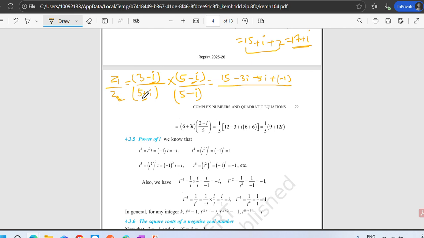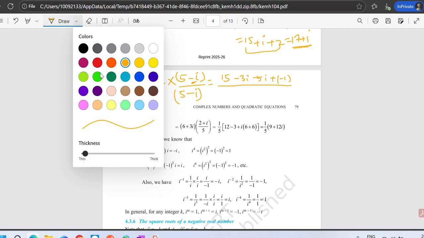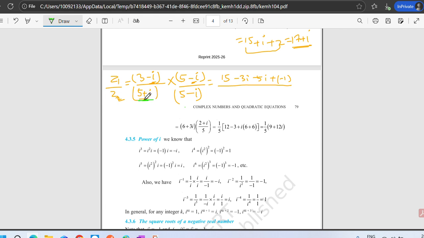And divided by, you see here, this is a plus b into a minus b. So a plus b into a minus b is how much? a square minus b square. So 5 square is 25, minus b square, b is i, right? So i square, minus 1. So I'll put it like this.